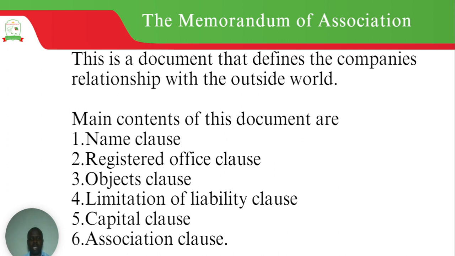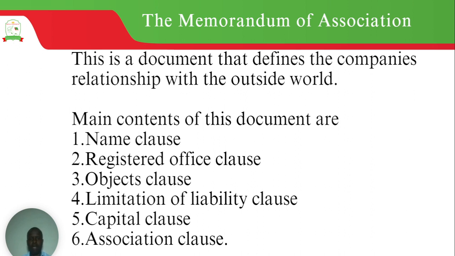Then we have the registered office clause. This particular clause will tell us the location, which state the company that is being proposed to be formed, the registered office. So we need to have a physical location of a particular office of the company. Then another item in the Memorandum of Association is the object clause.